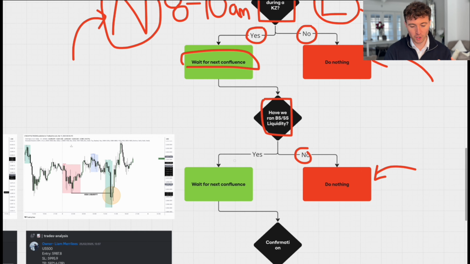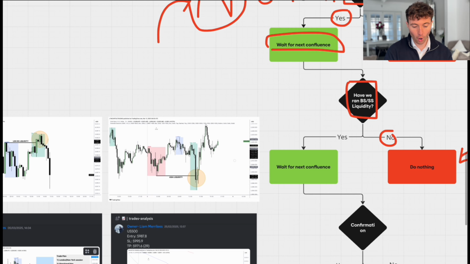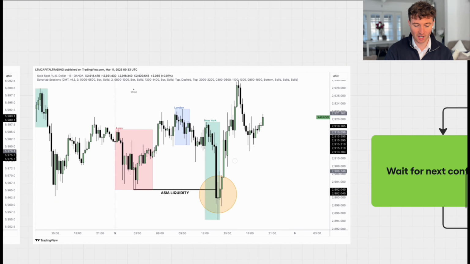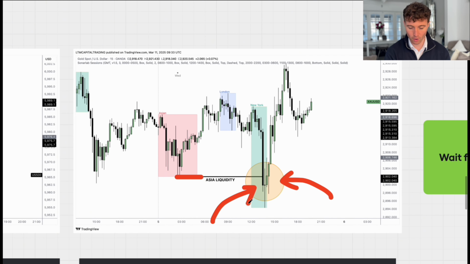Let me just show you a buy and sell example. If we are long bias, like this example right here, we're looking for a run of sell side liquidity. This shows the run of sell side liquidity, running below the Asia session low. What this will be doing is stopping traders out, thinking that this is a breakout and enticing them short within the market.